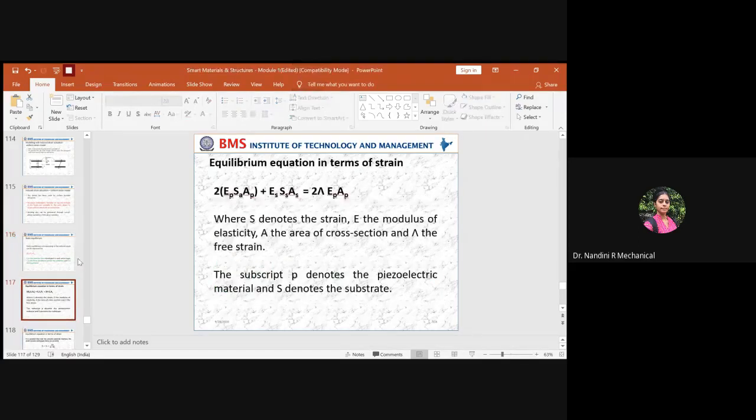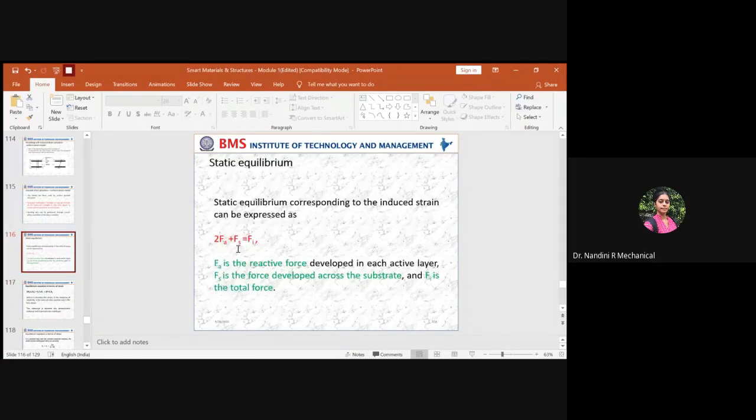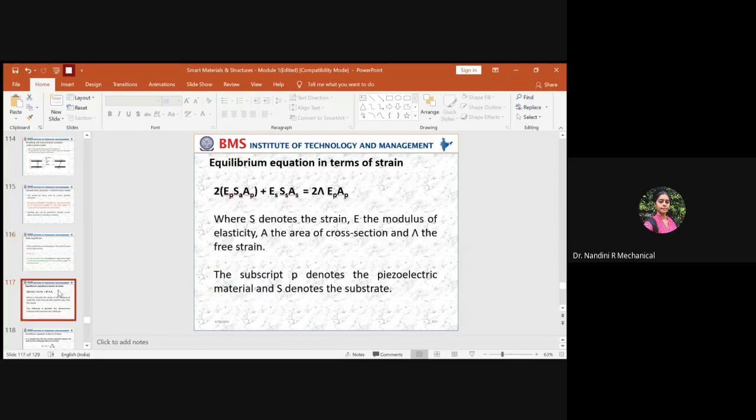So once you have developed that equation, now we have to develop an equilibrium equation in terms of strain. This was only in terms of force which has been generated. Okay. So now due to the applied force, some strain will be induced both across the piezo element and across the substrate.